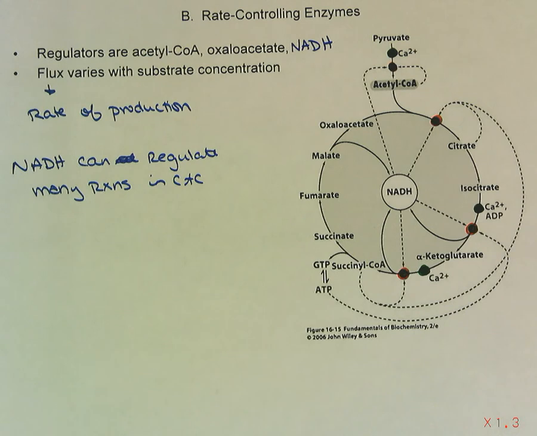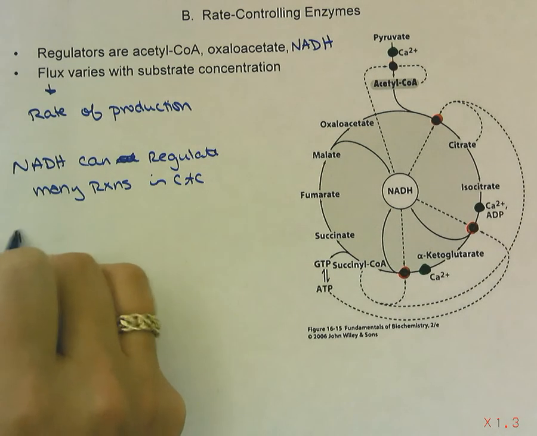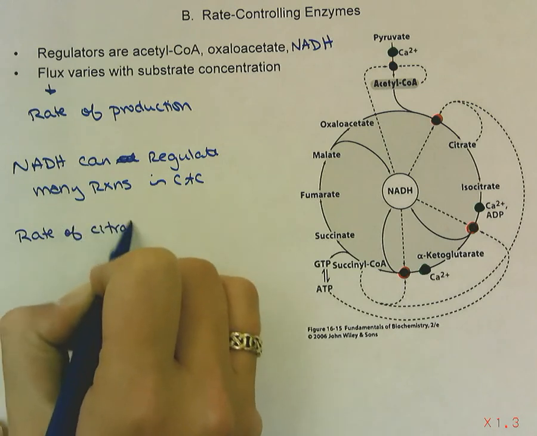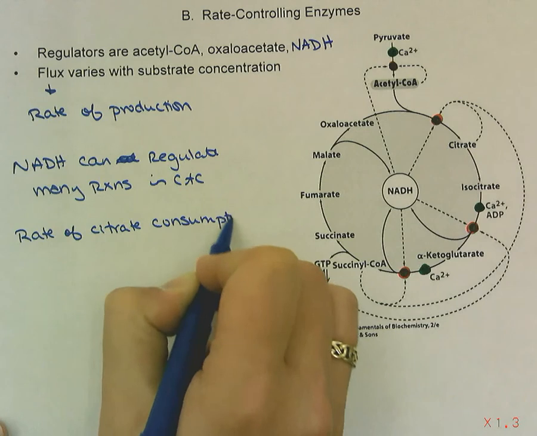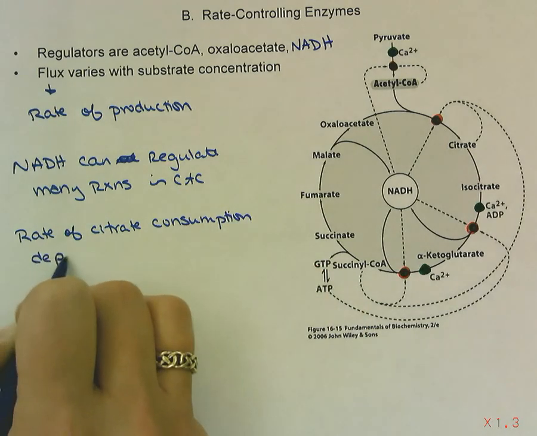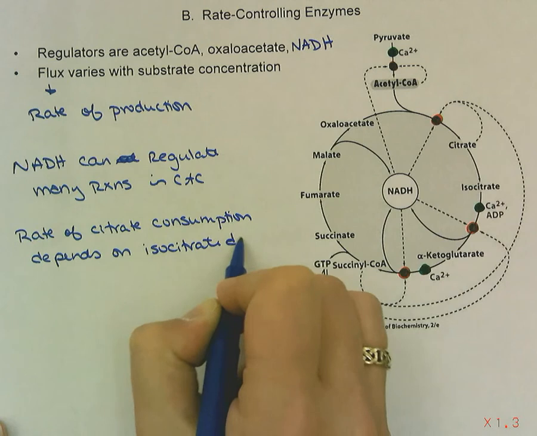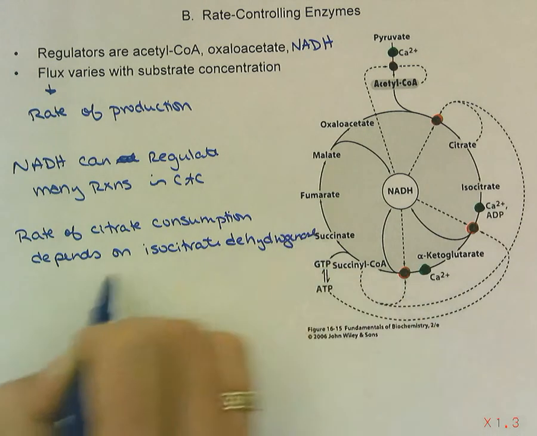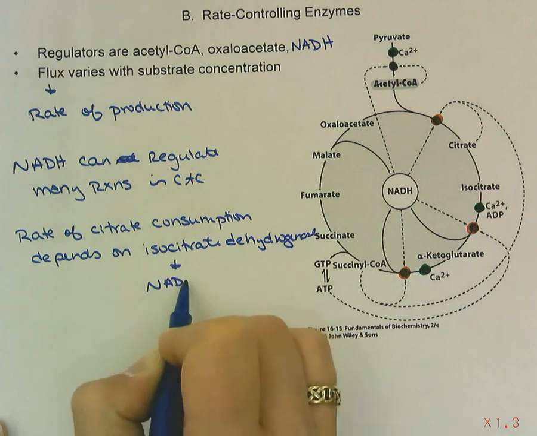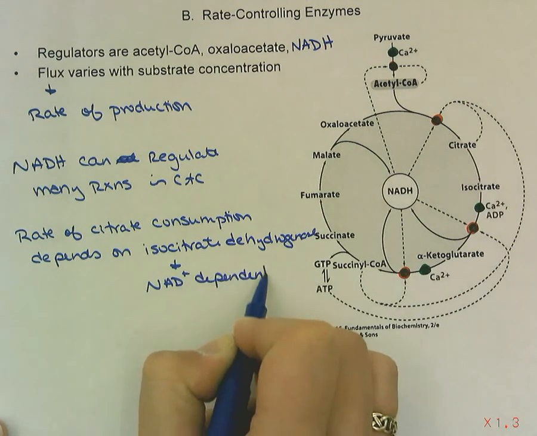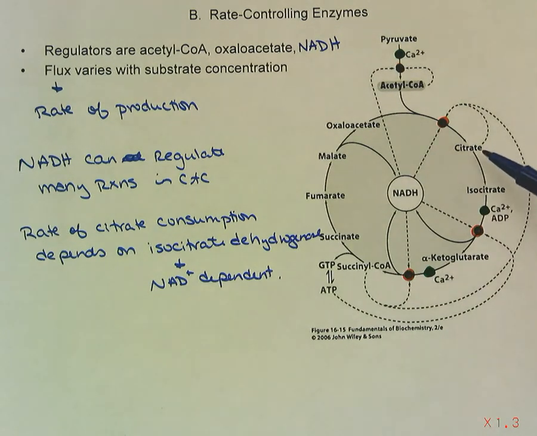So anytime NADH is produced or used, they have the ability to regulate that reaction. Let's see what else. So looking at citrate, if there's a lot of citrate, it'll turn off this step, which is the isocitrate dehydrogenase, which is the official name, right, NAD plus isocitrate dehydrogenase.